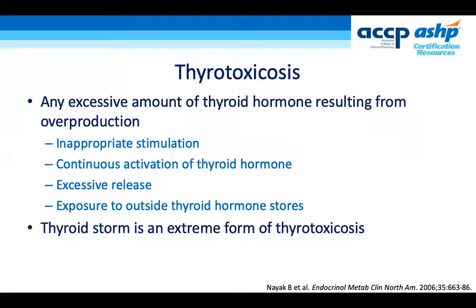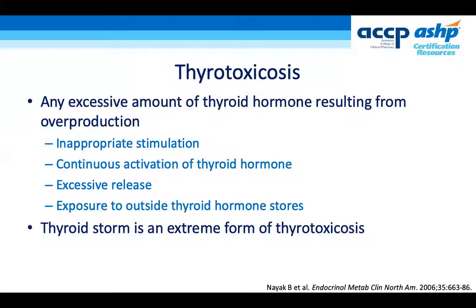Graves' disease is one of our more common causes of thyrotoxicosis, because it produces an excess of thyroid synthesis. Things like iodine exposure, goiters, and stopping drugs can all lead to too much thyroid hormone from inappropriate stimulation, continuous activation of thyroid hormone, excessive release, or exposure to outside thyroid sources like iodine.